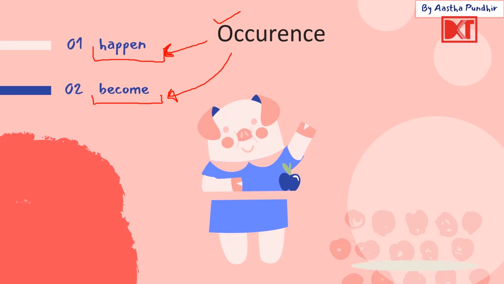So become is another word that is used to show occurrence. So both of these are examples of words that show occurrence and hence are called what? They are called verbs. Easy, right?